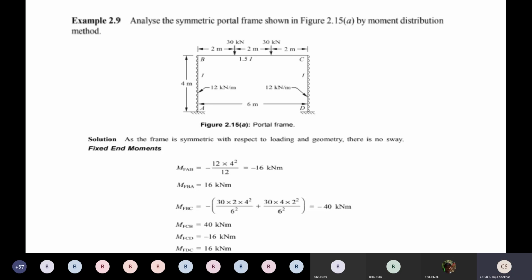And finding free bending moment or applied bending moment, that means bending moment at mid span of AB, applied bending moment for the AB span, applied bending moment for the BC span, applied bending moment for the CD span. This is also analysis. And calculation of vertical reactions for the members B and C.